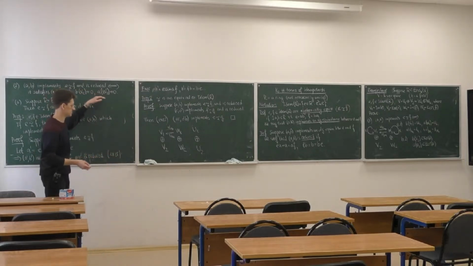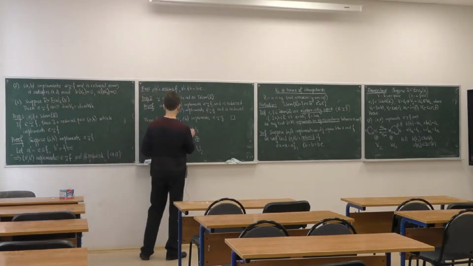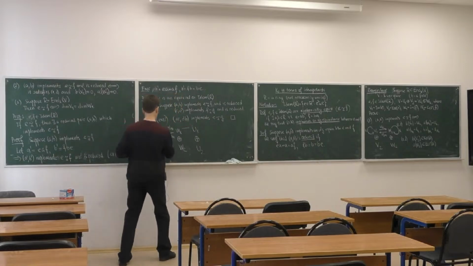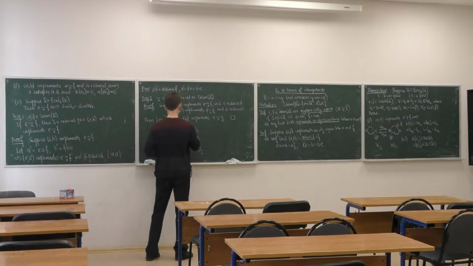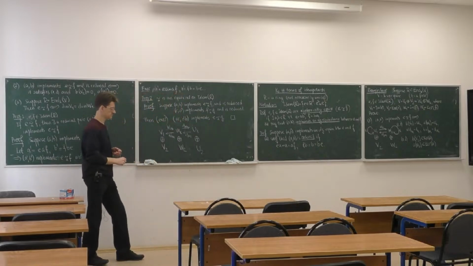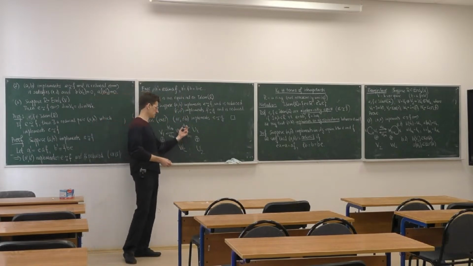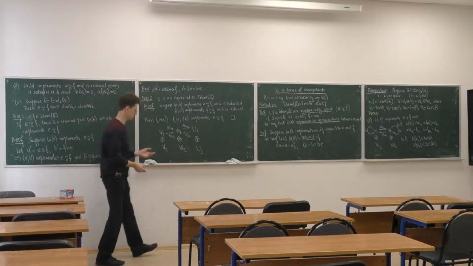So they satisfy this condition. Similarly here, I must interchange A and B. This is B, and this is A. And here we have C and D. This is D, restricted to W1, and this is C restricted to U1. And again, these two maps act trivially on W2 and U2 respectively.